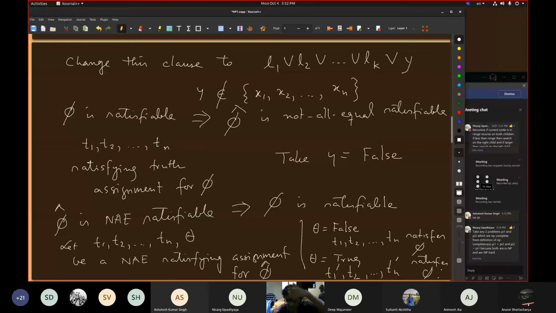Happy? Just flip the assignments. y will anyway remain true, doesn't matter. But this has at least one false assignment. So if I complement every variable assignment, all these literals will be complemented. If there is at least one false literal here, it will become true.